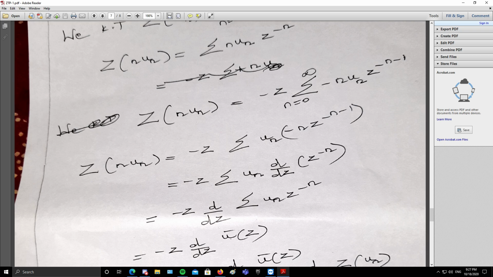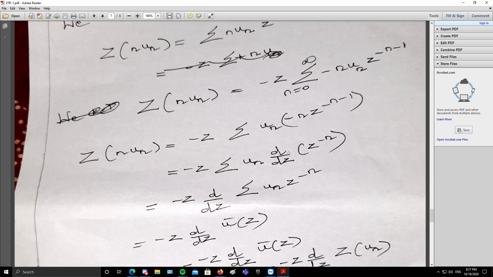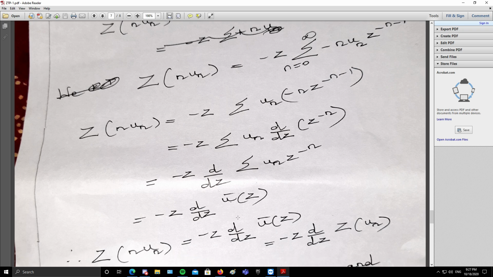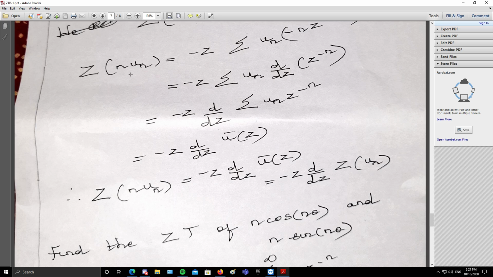If you group -n z^-(n-1), it is the same as d by dz of z^-n. So you can take d by dz out: minus z d by dz of summation un z^-n. This is the definition of the z transform, that is u bar of z. So what we have, Z of n un equals minus z d by dz of u bar of z, that is minus z d by dz of Z of un.